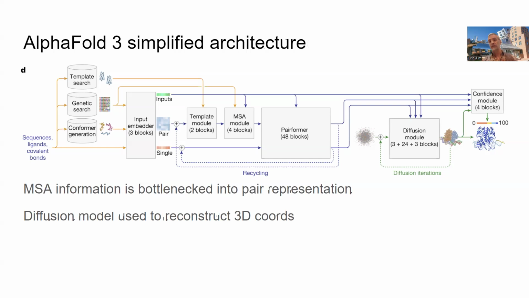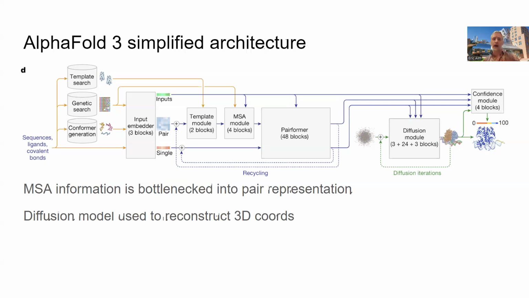And one of the things that ended up working a lot better is the information from the MSA is really bottlenecked into the pair representation matrix. And the pair representation matrix ends up being kind of where all of the important information gets stored. And if you recall, that's where the geometric constraint comes in. So that ended up working quite well.